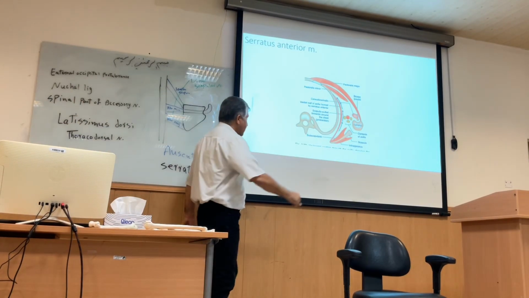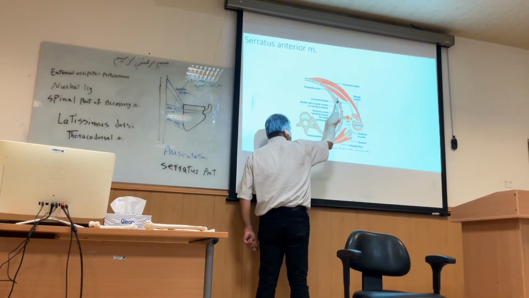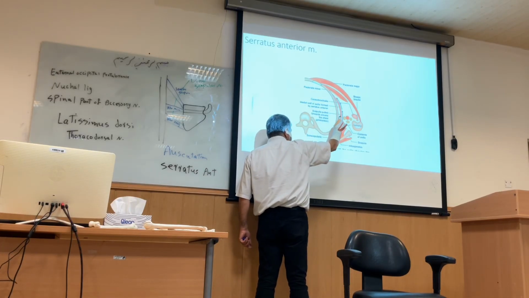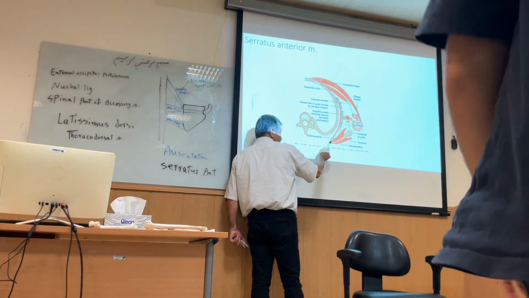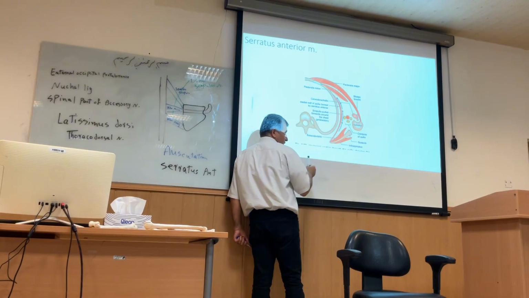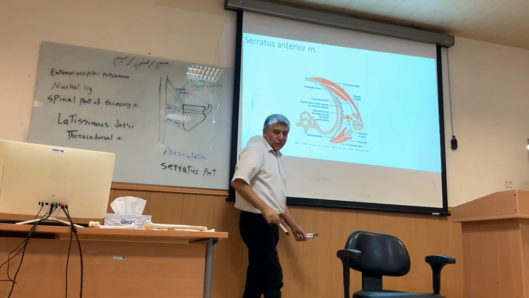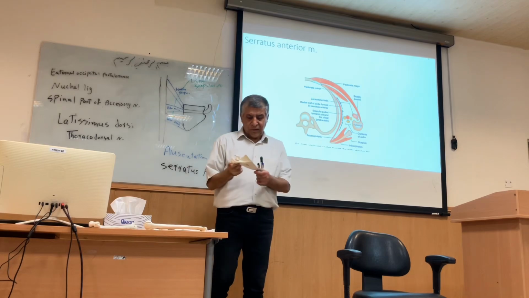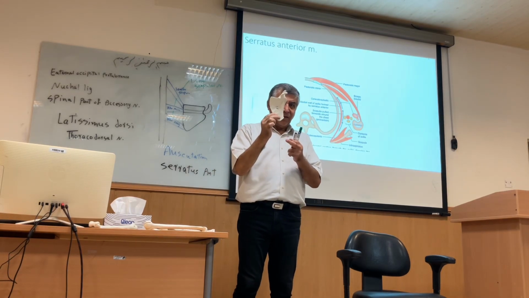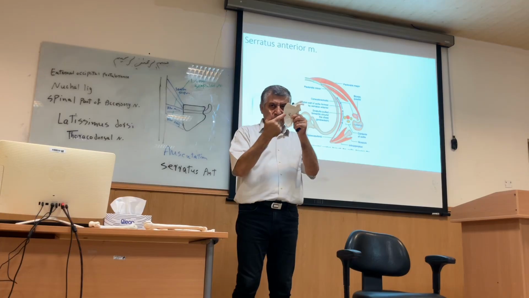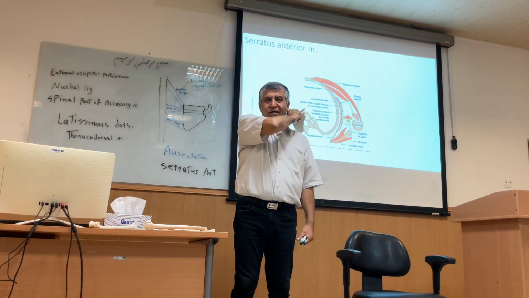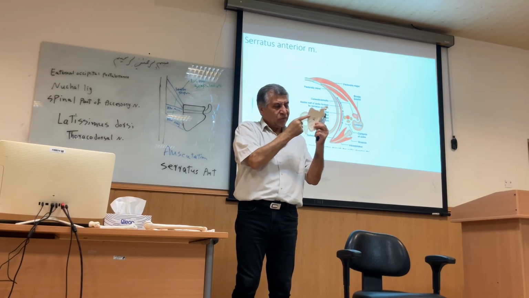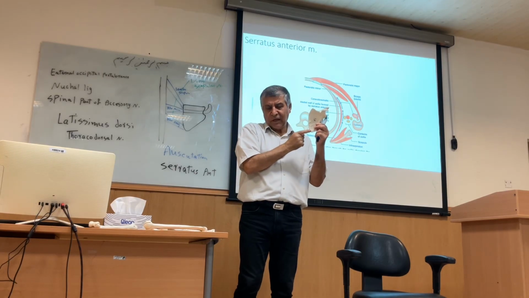Serratus anterior originates from ribs, moves toward the scapula and inserts to the anterior surface of the medial border of the scapula.